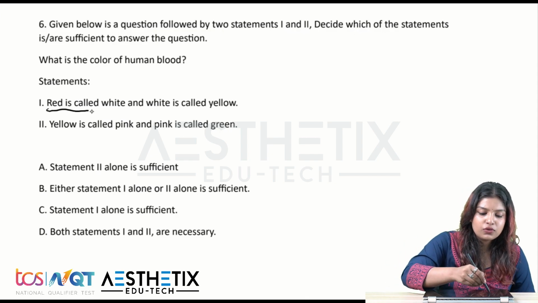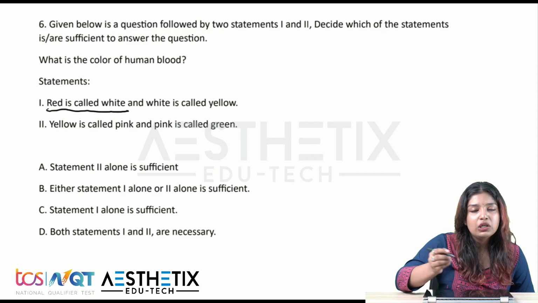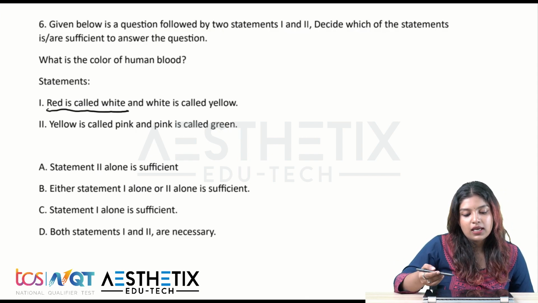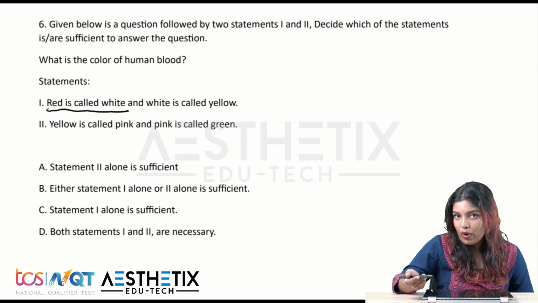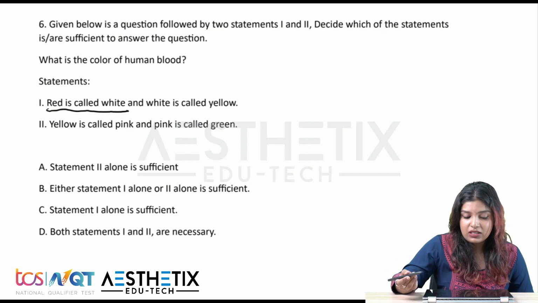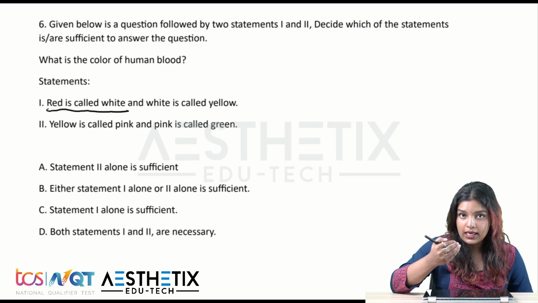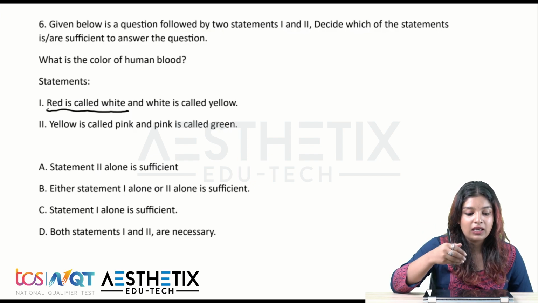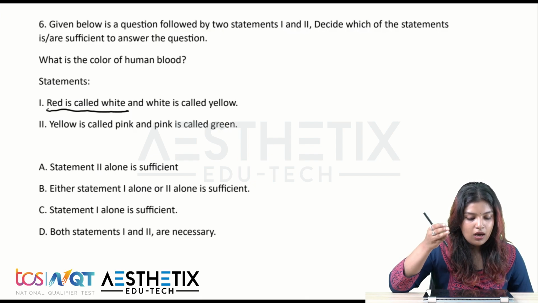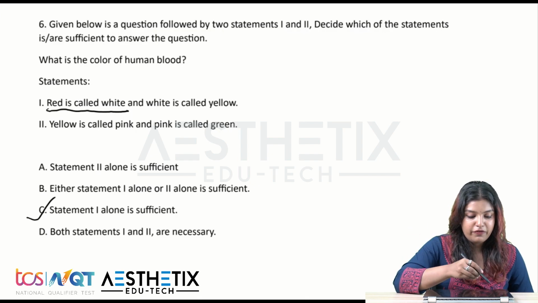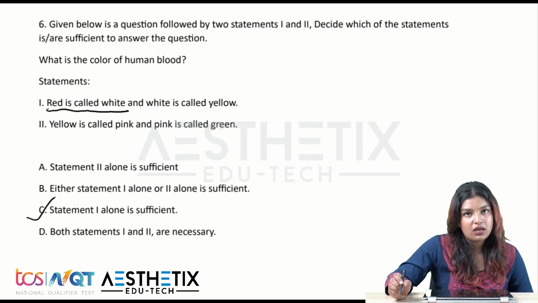So only the first statement is required to answer the question, which is what is the color of human blood? The answer will be white only, because red is called white. So what we have done is, we have read the question, we have prepared a logically correct answer for the question, and we have seen what is the substitute word for the logically correct answer. So here the answer would be statement 1 alone is sufficient to solve the particular problem.